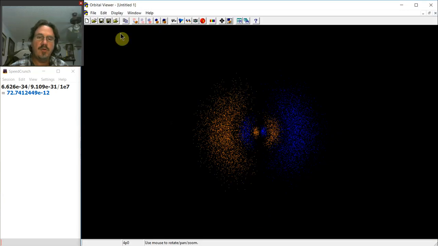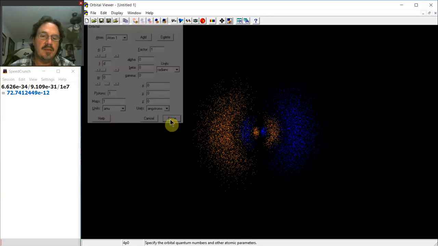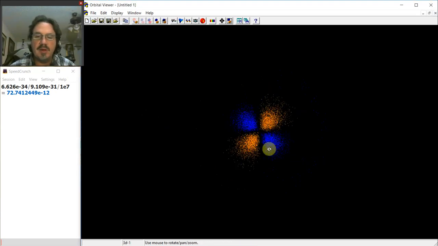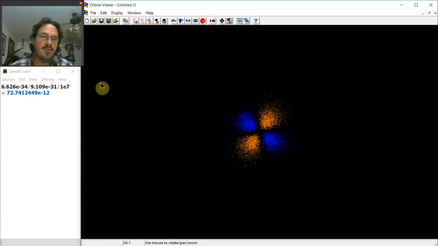Again, let's go back to this program here and take a look at that. The first d I find is in the 3 level. So there we go, a 3d. And let's just take a look at that. Actually, that's not the one. Let me back this up to the different orientation. There we go. That's the one I want. Here you see the 4 lobes going out like that. Okay, so that would be a 3d.